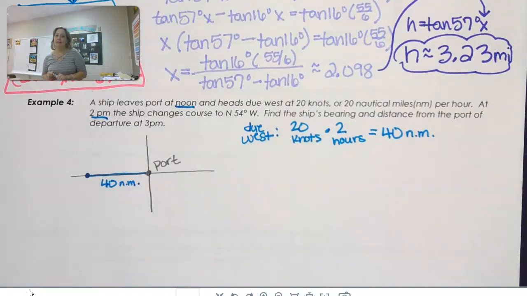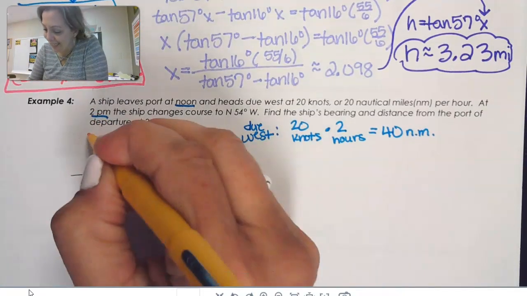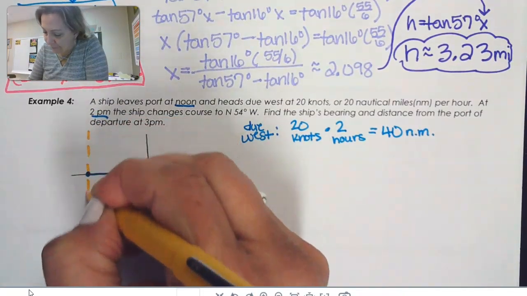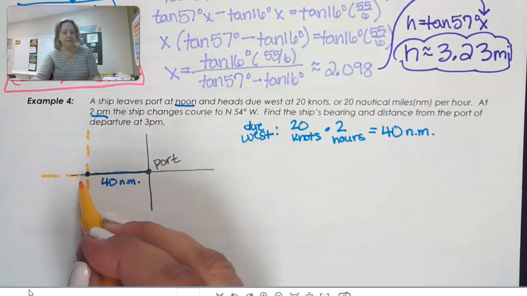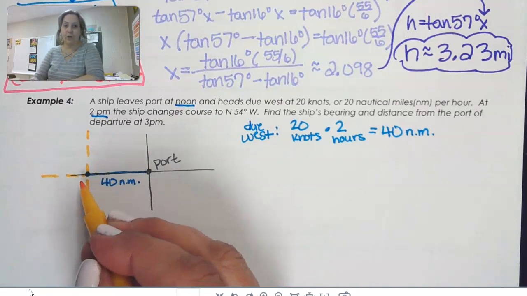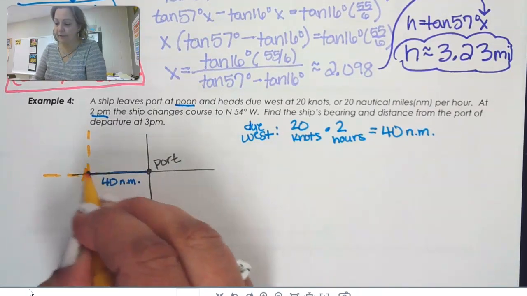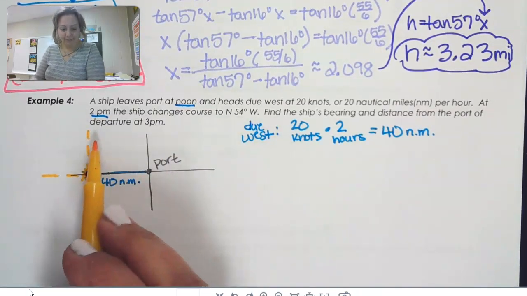But at that point, the ship changes course to north 54 degrees west. What that means is that now I need to think about a new axis starting from here. And from there, I'm going to go north 54 degrees west.